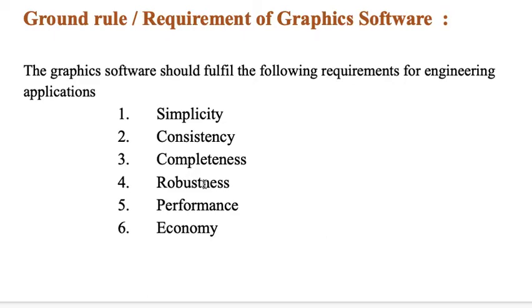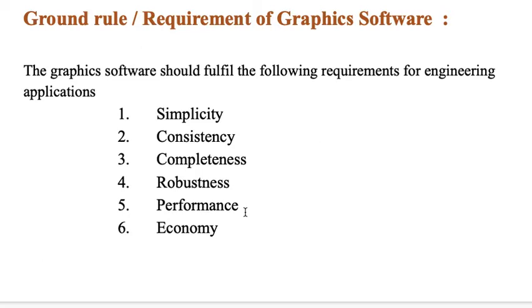Robustness is the graphic system should be tolerant of minor instances of misuse by the operator. And the performance is within the limitations imposed by the system hardware. The performance should be exploited as much as possible by software.